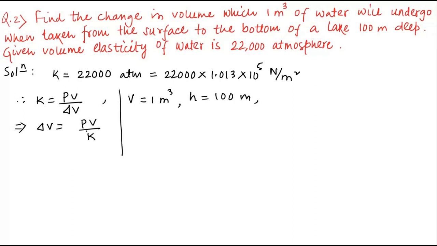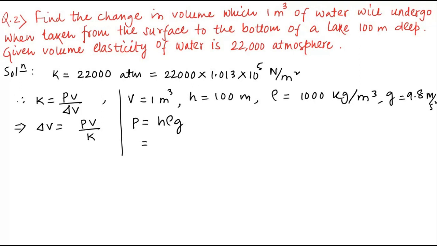Now see here, you have to calculate P first. So P is equal to H rho G, right? H is given. Rho, obviously here we are talking about water, so density of water is 1000 kg per meter cube. And G, we all know that acceleration due to gravity is 9.8 meter per second square.